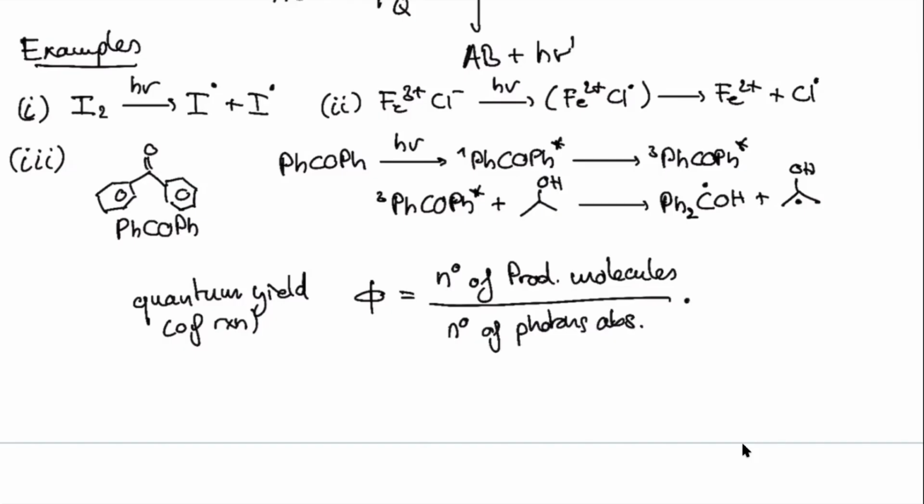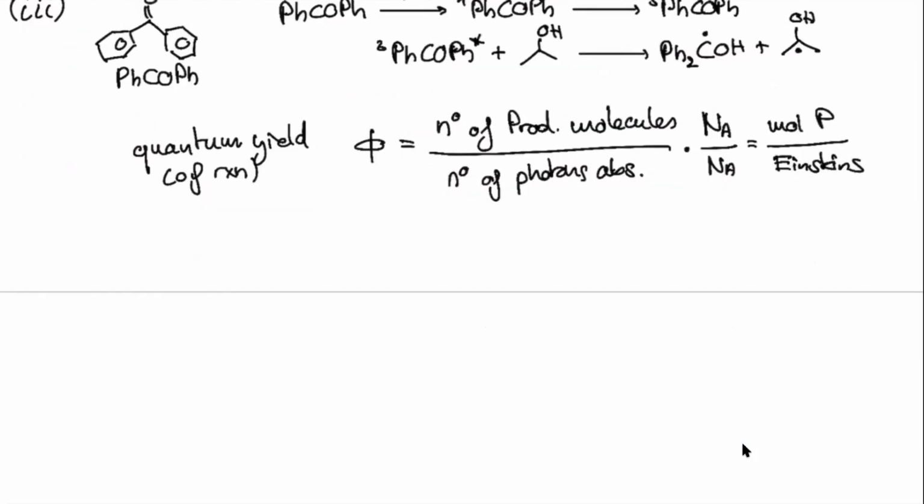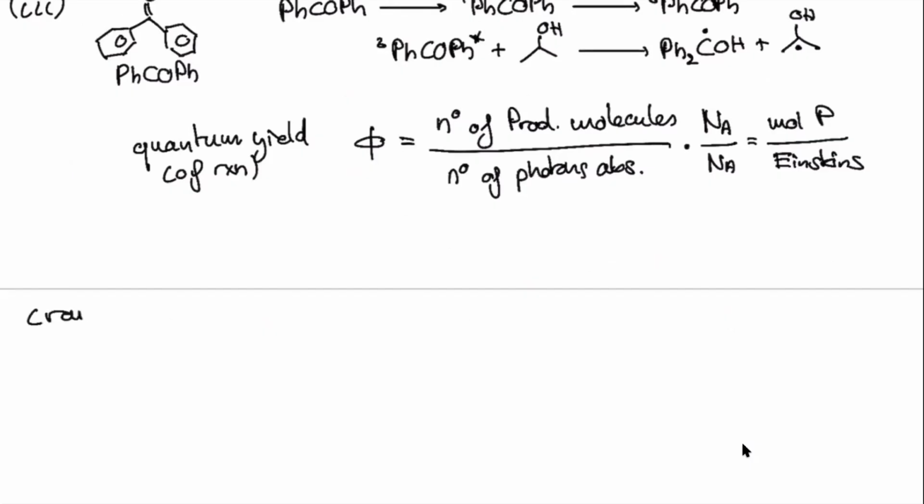And if we multiply both sides by Avogadro's number, we get the moles of product divided by Einsteins. So Einsteins are units, actually. And so the range of this quantum yield is again 0 to 1. Of course, there are again some exceptions because you typically have a form of losses.